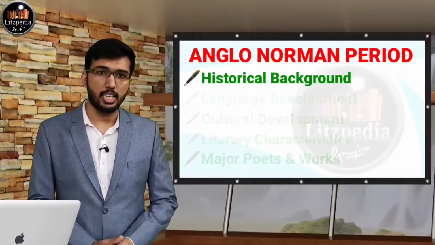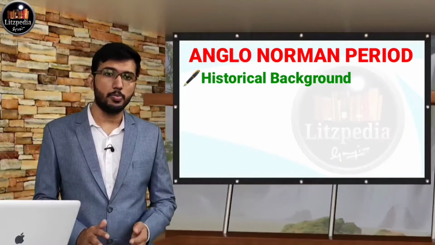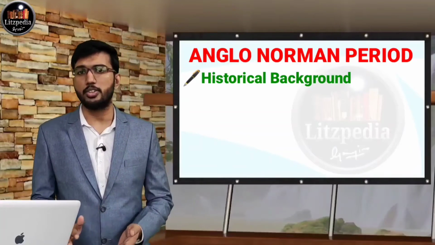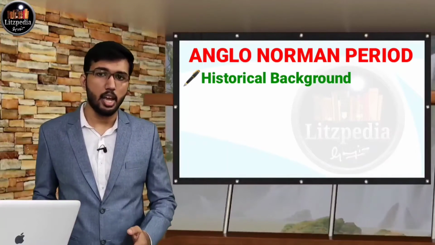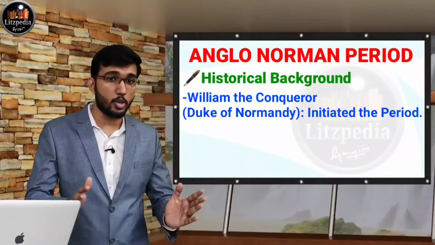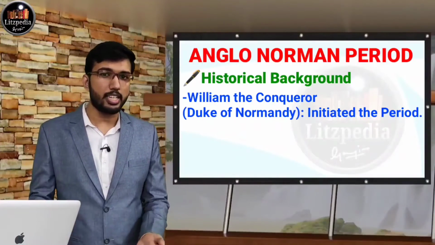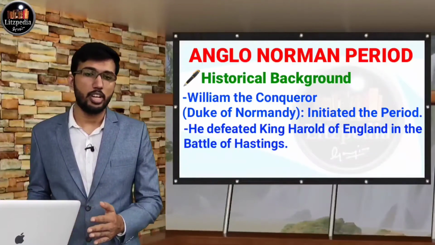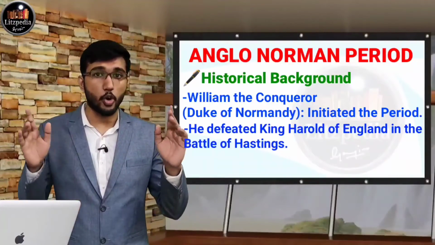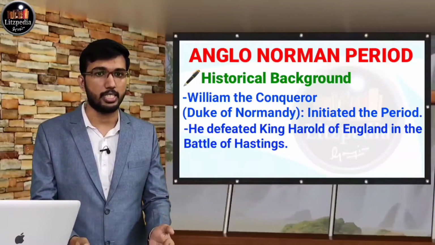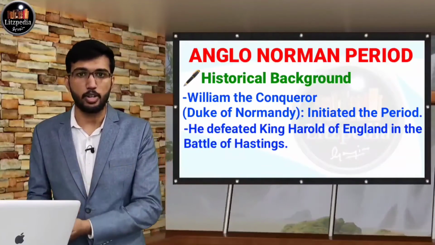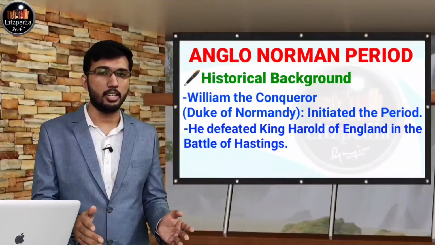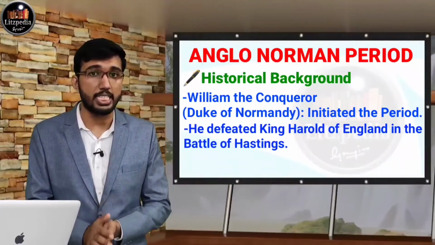When we consider the historical background, to begin with history, we need to know that in 1066 AD, William the Conqueror, who is the Duke of Normandy, defeated King Harold of England in the Battle of Hastings. William the Conqueror is actually the Duke of Normandy, and Normandy is in France. He defeated Harold, who is King of England, and the battle is called the Battle of Hastings.